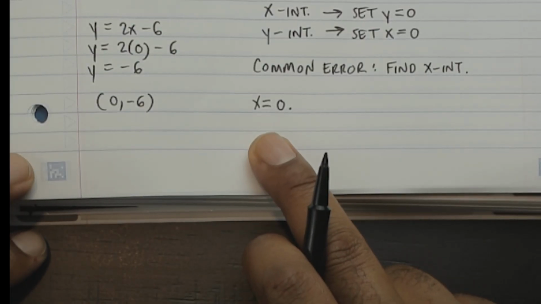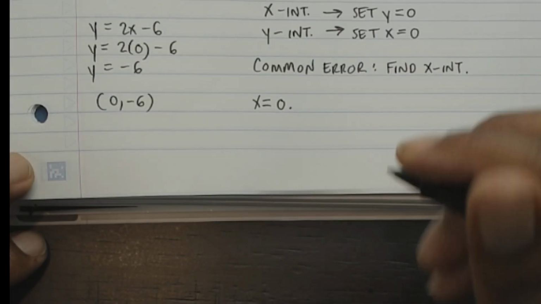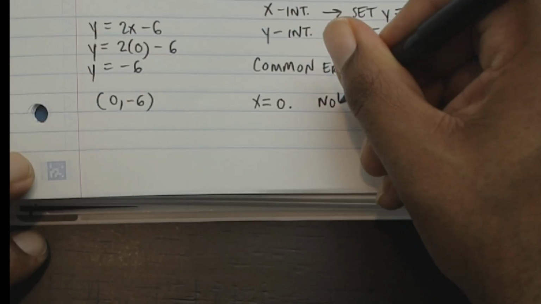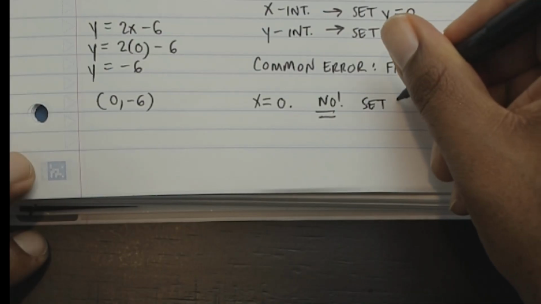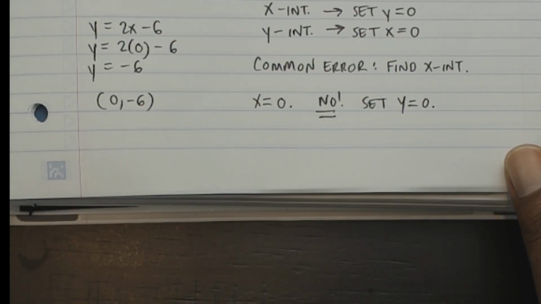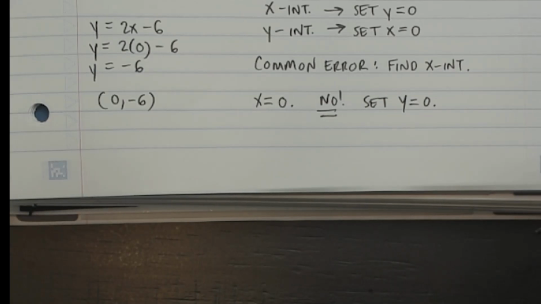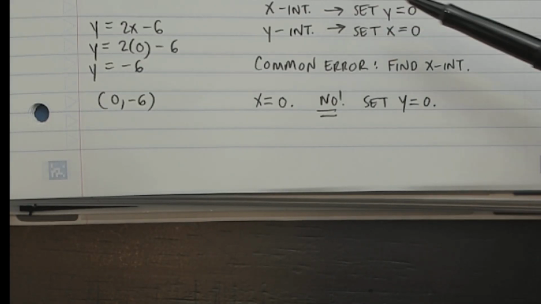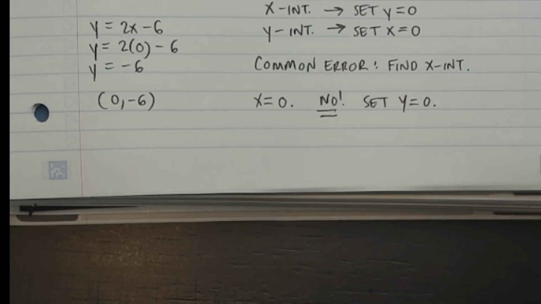The answer is no. We have to set y equal to 0. Setting x equal to 0 gives the y-intercept, but for the x-intercept, we must set y equal to 0. So again, for the x-intercept, set y equal to 0. For the y-intercept, set x equal to 0.